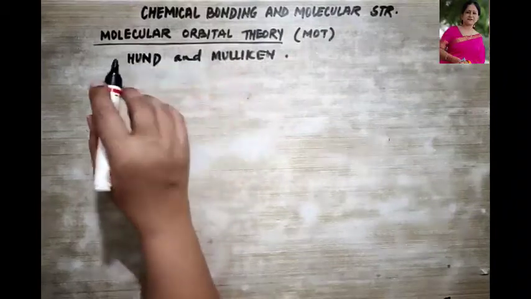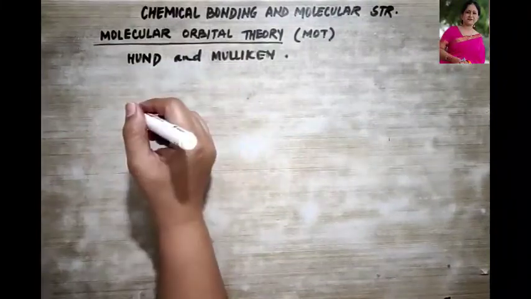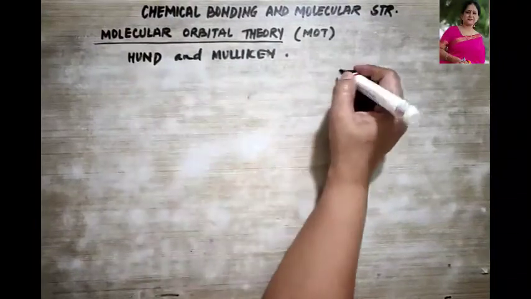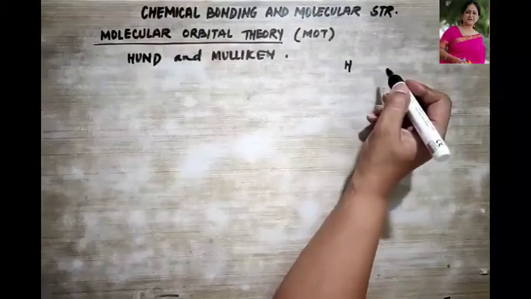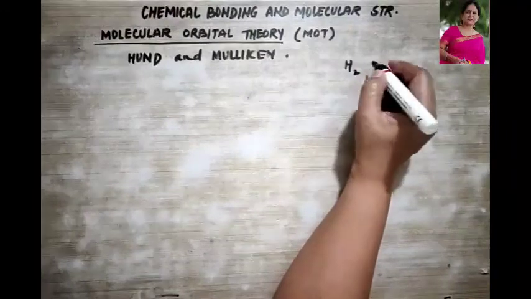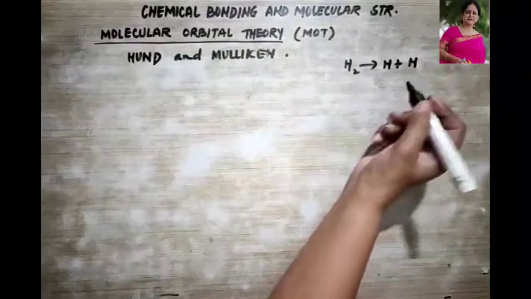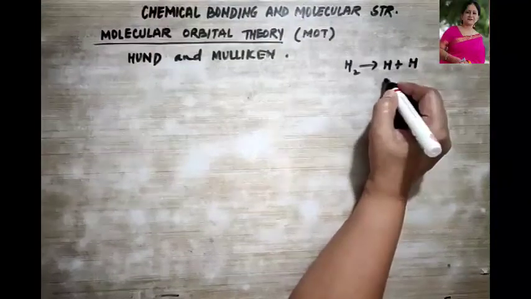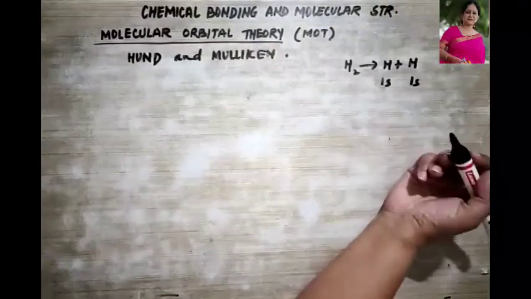So what is the difference between atomic orbital and molecular orbital? In atomic orbital, for example, if I am talking about hydrogen, how is the hydrogen molecule formed? It can be formed by two similar atoms combining together. Each hydrogen has atomic number one, so 1s and 1s.